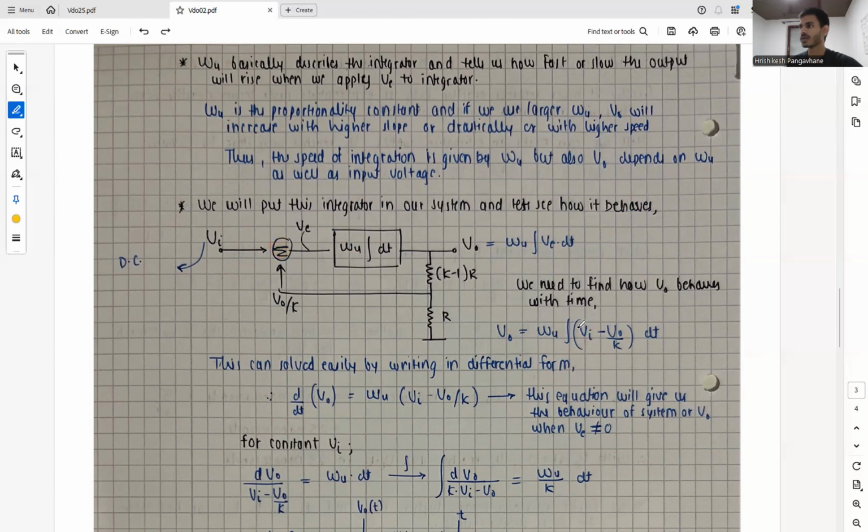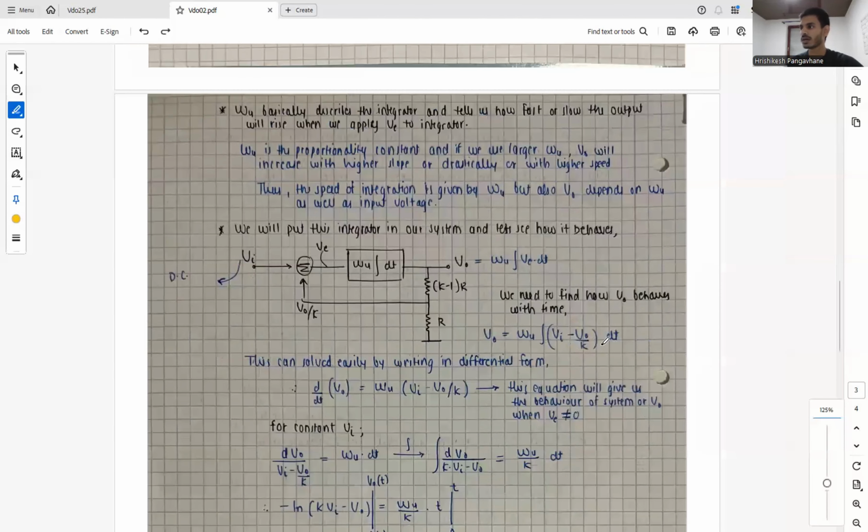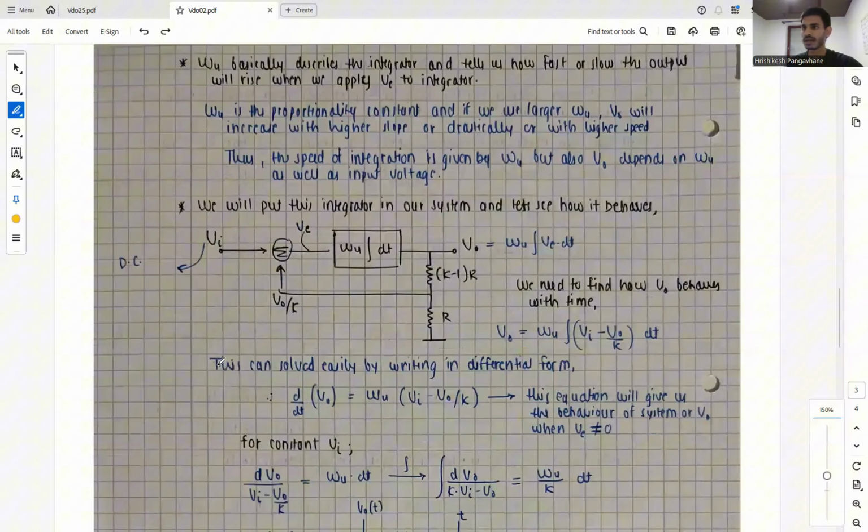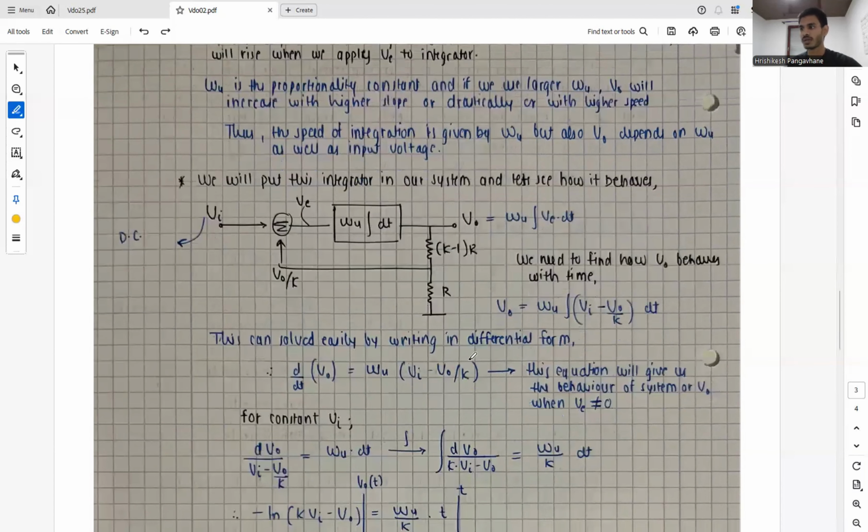So we know the integral of Vi minus V naught by K dt is what we are expecting in our formula. This can be solved easily if we write the same equation in differential form. This is the same equation written in differential form, and it will give us the behavior of the system, or V naught, when VE is not equal to 0.